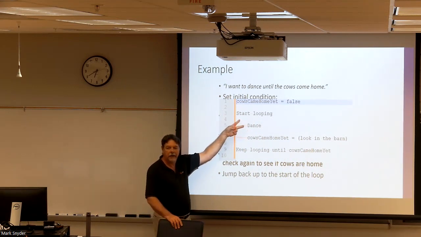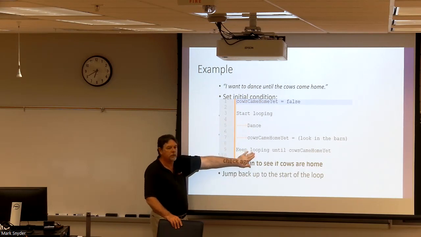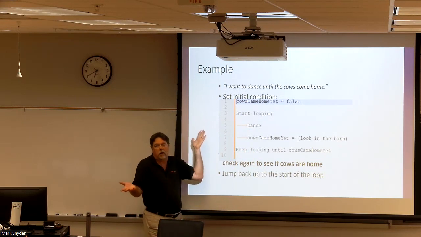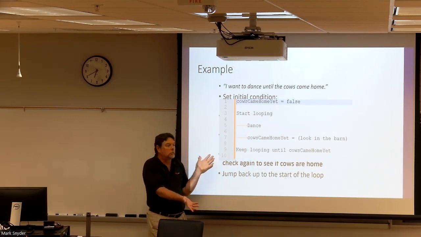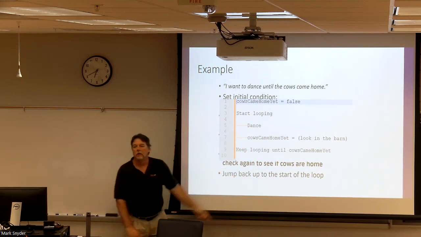How many times am I going to dance? Since this is a post-loop test, I'm always going to dance once, right? With the previous ones, I may not dance at all. I may start the loop and the cows are already back home. They never left. They're home. So I never dance at all. But on this one, I'm guaranteed to dance at least once.